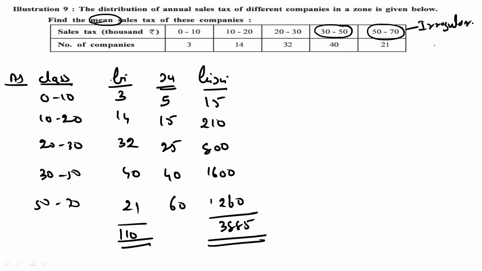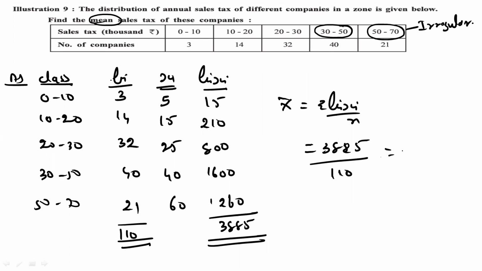Mean x bar is equal to sigma FiXi upon n. So it comes 3885 divided by 110. Final answer? 35.31.